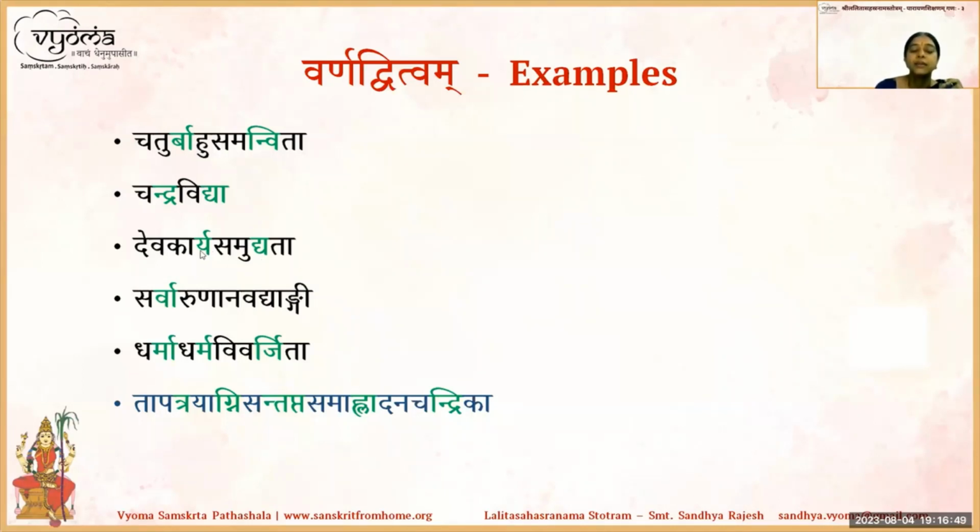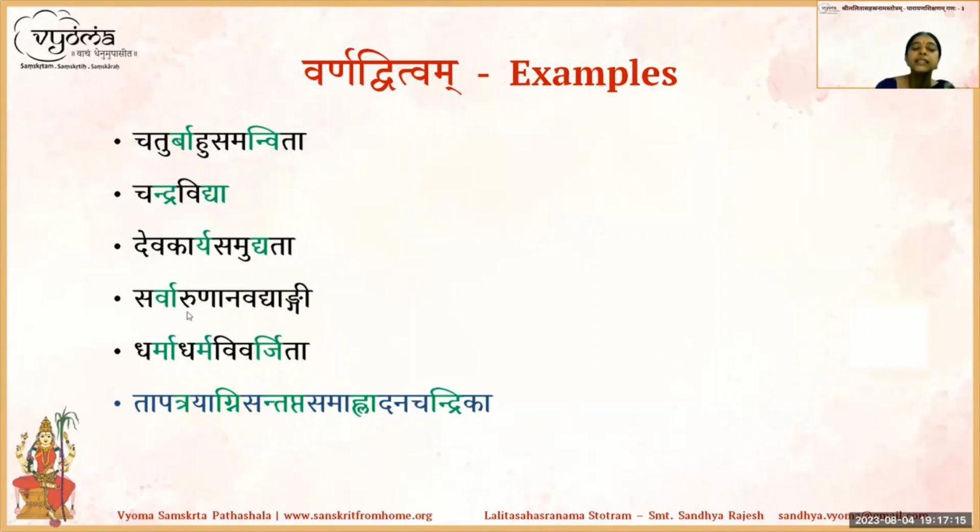Karya, a plus r plus ya, ya is getting doubled. Deva karya samudyata. Sarvarunana vadyangi. Again, va is getting doubled. I have not highlighted this in green. I missed it. But here again, it is getting doubled. And here, ya is getting doubled.